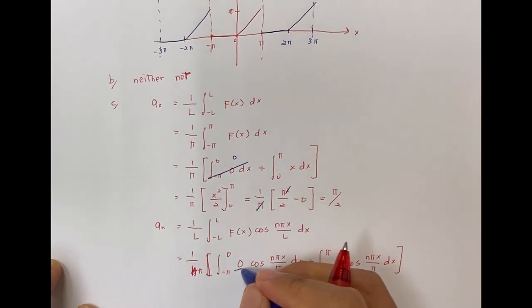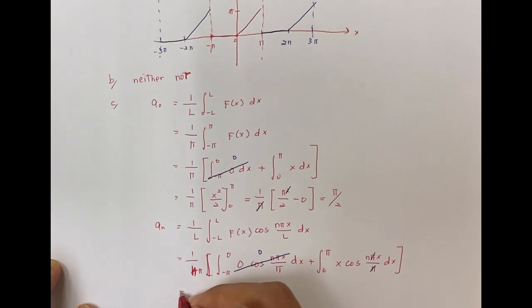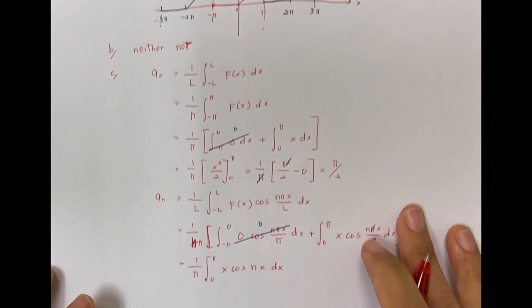Again, the first part is equal to 0. So you have 1 over pi, integration 0 to pi, x cos nx dx.